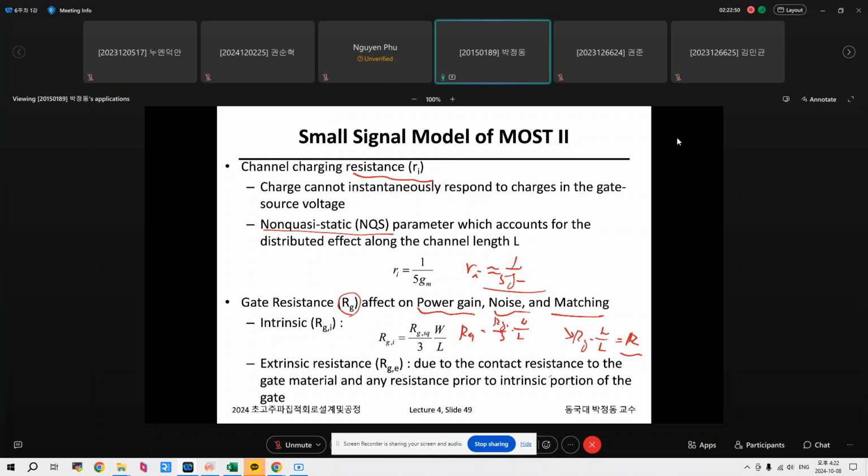But since this resistivity is distributed, we put 1/3. That's why 1/3. This is the distribution effect. And there exists an extrinsic resistance, which is due to the contact resistor and the gate material.